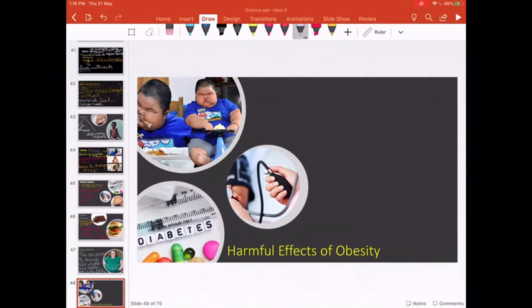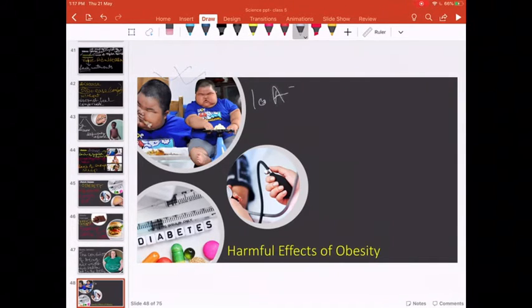Now, obesity has bad effects. It's not only about our appearance. Obesity also has harmful effects on our health. First, obesity does not let the children grow.